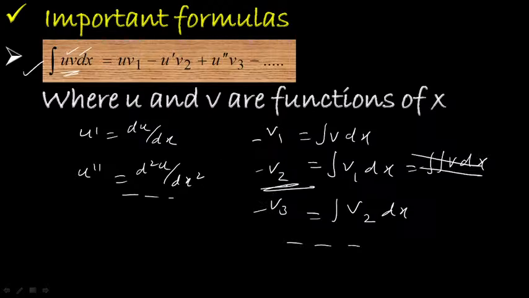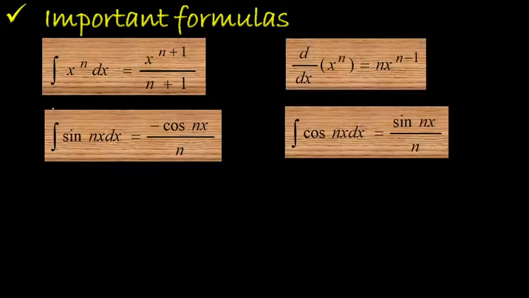So u dash, u double dash, u triple dash are successive derivatives of u, whereas v1, v2, v3 are successive integrals of v. Next, the basic formulas of integration and differentiation, as you know already. Integral x to the power n dx is equal to x to the power n plus 1 divided by n plus 1, and d by dx of x to the power n is equal to n x to the power n minus 1. Integral sin nx dx is equal to minus cos nx divided by n, and integral cos nx dx is equal to sin nx divided by n.